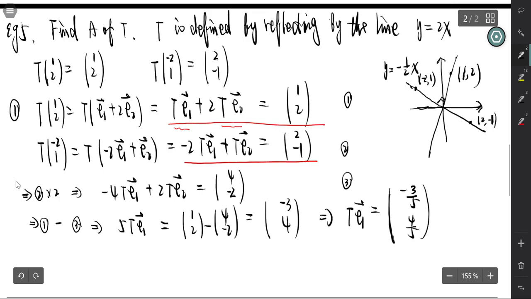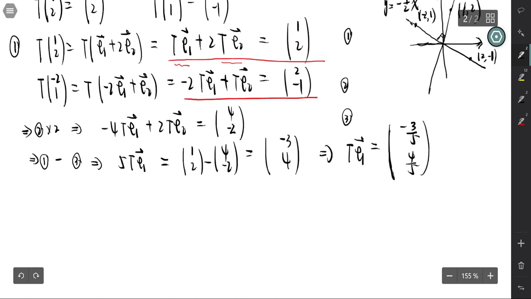This is TE1, and we insert this result into the first equation.